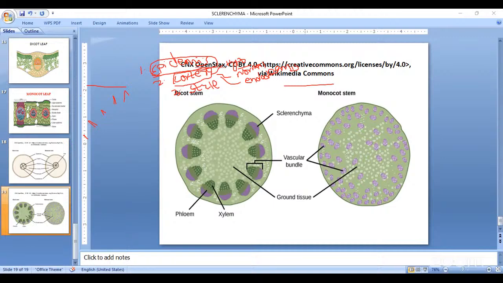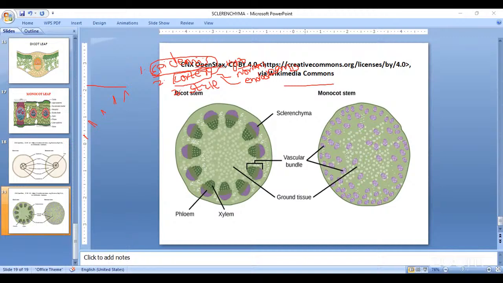Hypodermis. Next to the epidermis, it is the first part of the cortex, in the stem of the sunflower. Of course, the sunflower is a dicot. This hypodermis is made up of collenchyma cells. Collenchyma function is to give mechanical strength to the stem.